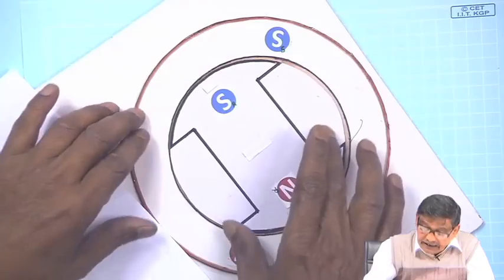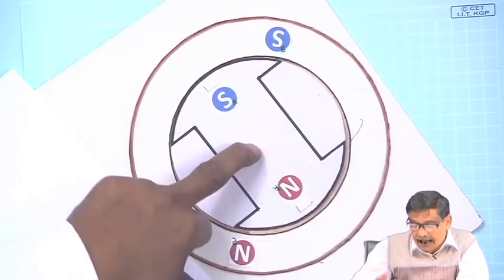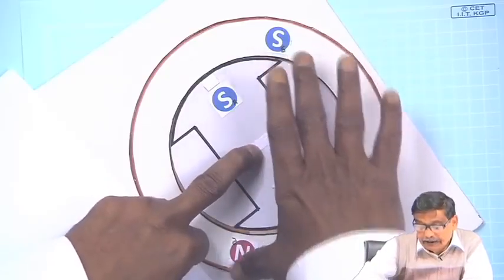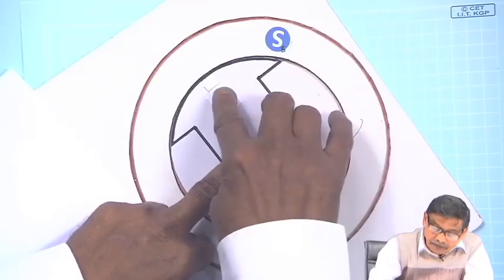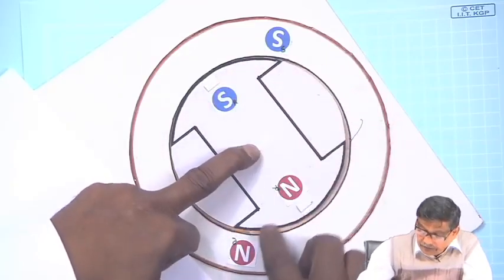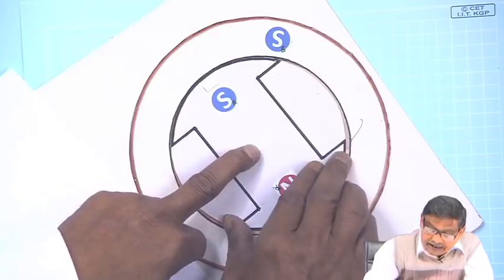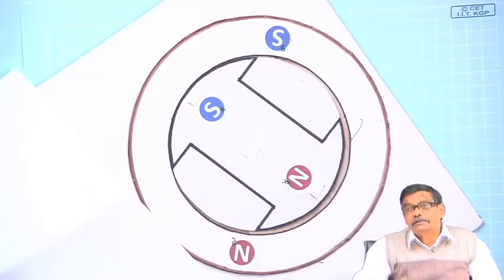And if it is in this position, suppose I am holding the rotor by hand, and the pattern of the poles is like this, then this pole will definitely experience a repelling force here, this one also a repelling force, and it experiences a torque in this direction, it will try to move. We will continue this in the next class.